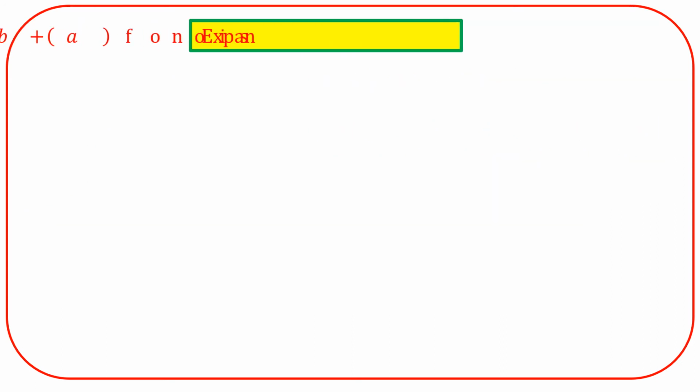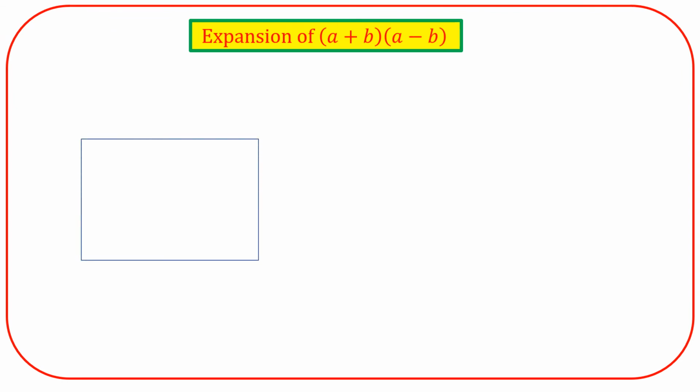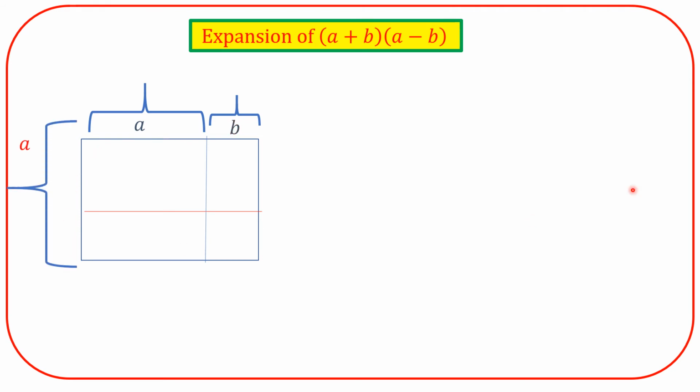Expansion of (a + b)(a - b). Here I draw a rectangle and convert it into 4 parts. This is a, this is b, length, and this complete length is also a. Now this complete length is a + b.